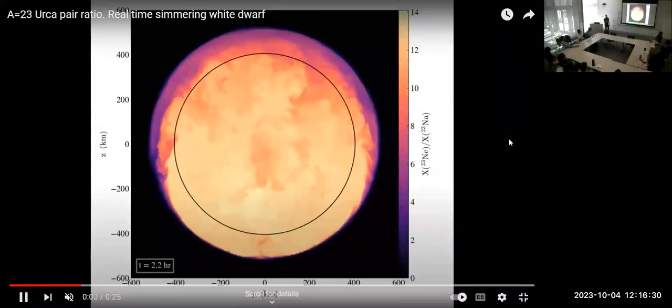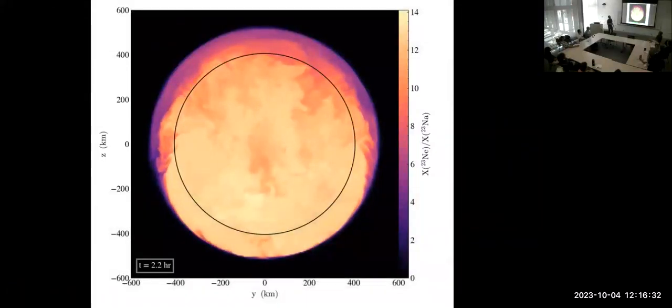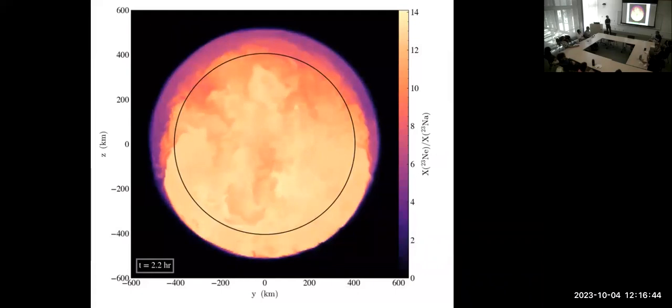And what we're seeing is all sorts of mixing of material, churning around. And I'll get into what sort of material we care about and what we're looking at in more detail later. But for right now, the main takeaway is that it looks kind of cool.